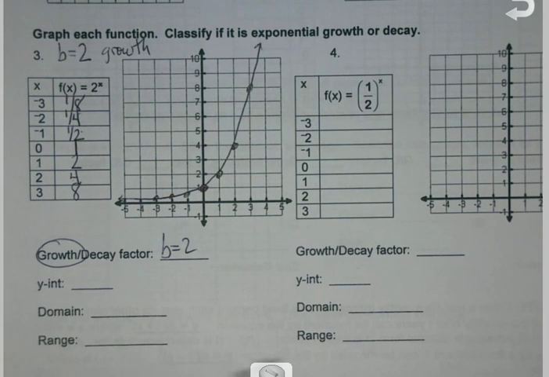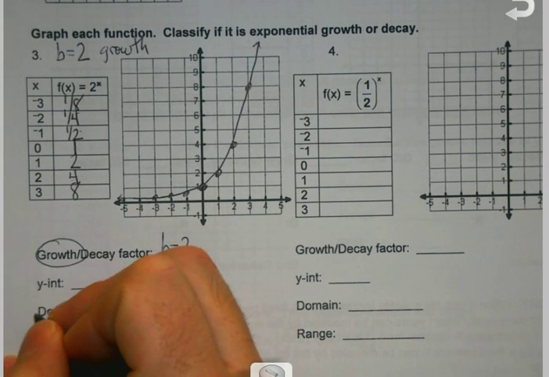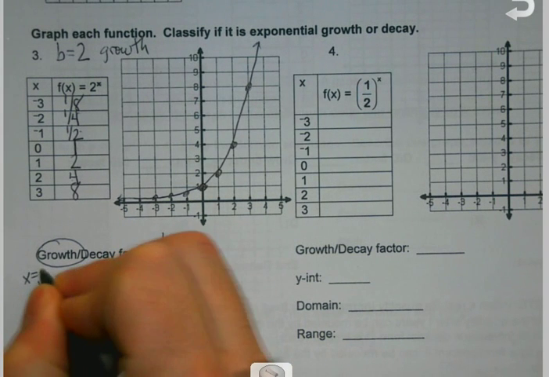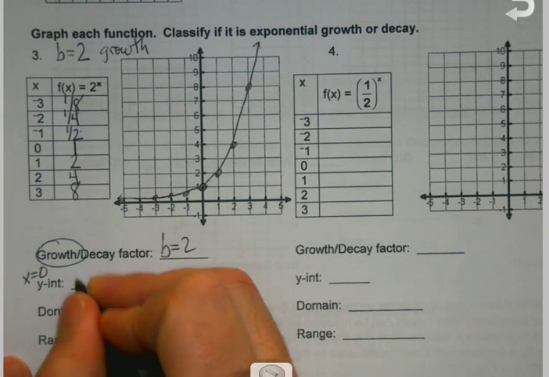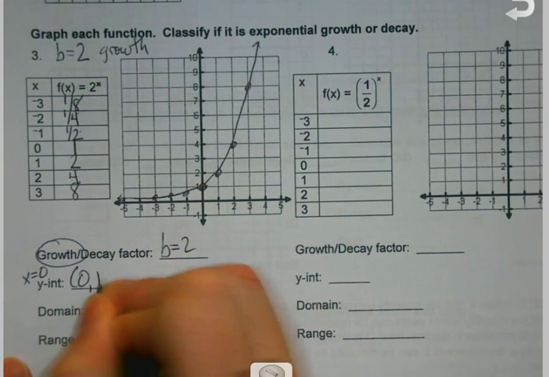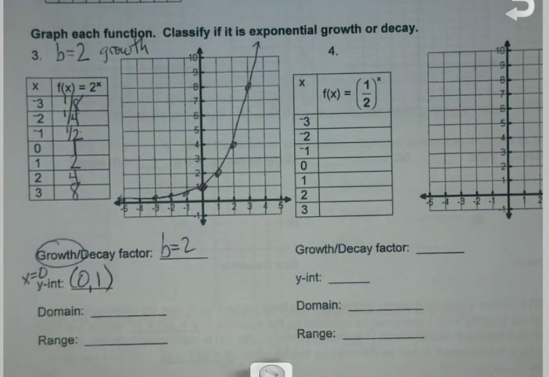Now remember, your Y-intercept occurs when x equals 0. So I can use my chart on a lot of these if I pulled it up on the calculator. But I'll tell you, your Y-intercept is going to always be at 0, 1 unless your number in front changes, your A value, which we'll see in a little while. Okay? But otherwise, for a base graph like this, it's 0, 1 every time.